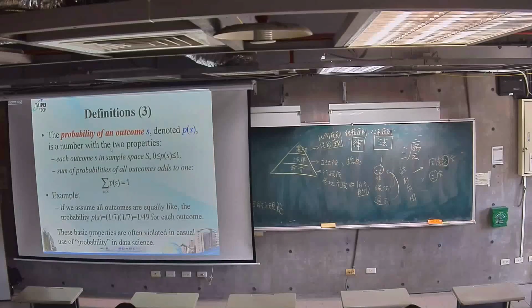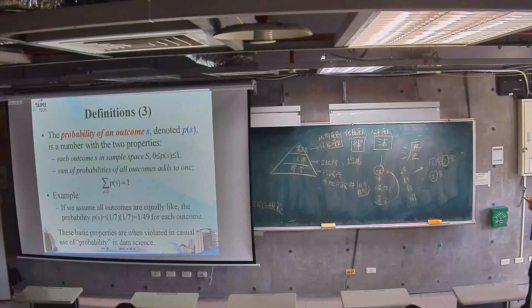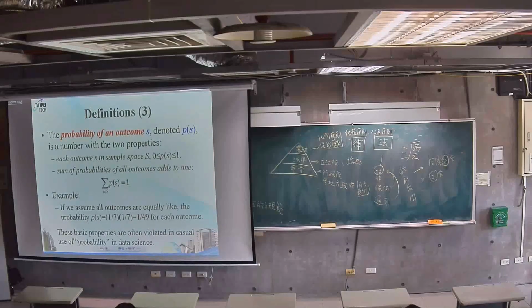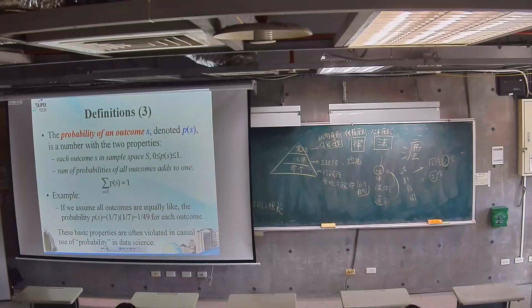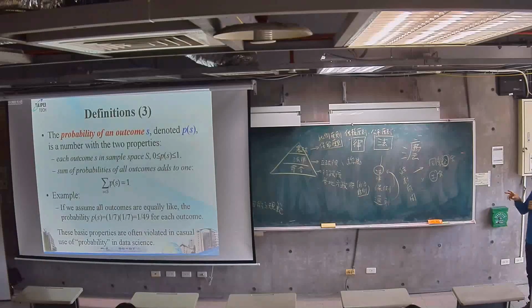You can look at the probability as a function that maps the outcomes to a real number, and this real number is smaller than or equal to 1, and greater than or equal to 0, that means some number in between 0 and 1.